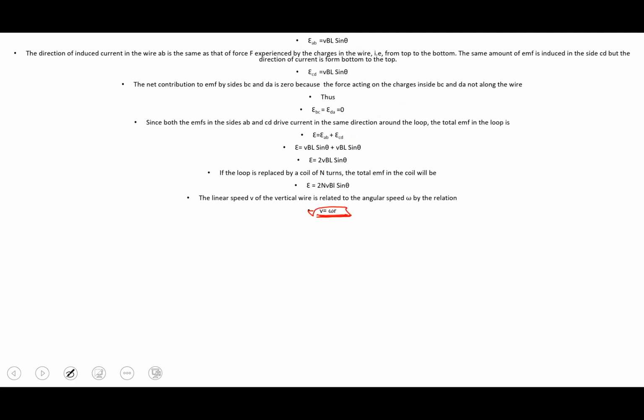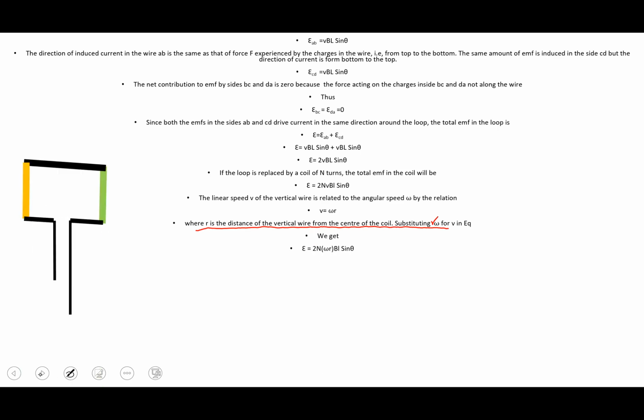So let's put in this value for V, where R is the distance of the vertical wire from the center of the coil, substituting r omega for V. So what do we get? We get E is equal to 2n, instead of V we're putting r omega, BL sine theta.